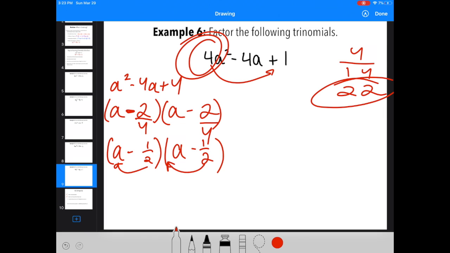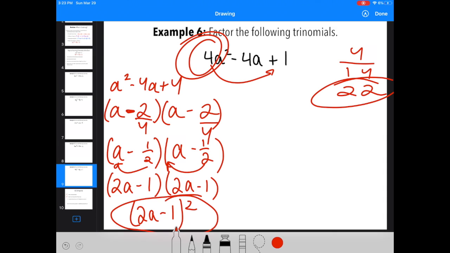My 2 slides over to give me 2a minus 1, 2a minus 1, which actually can be simplified even further to give me 2a minus 1 squared. So you'll see these, if it's the same value being multiplied by each other, you can combine it to a square.